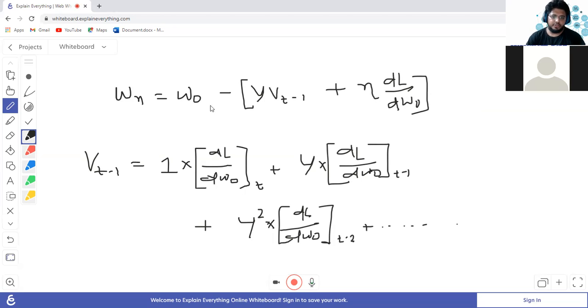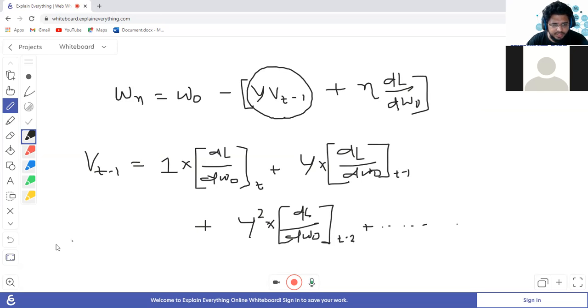Right? So this factor enables the new weight change from the old weight to smoothen out a little.